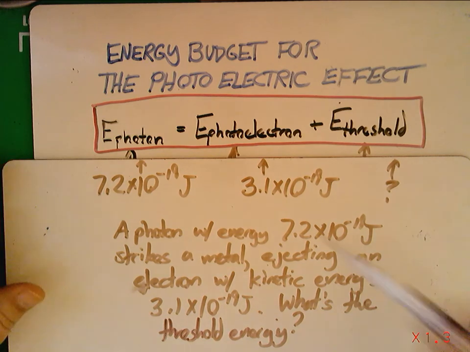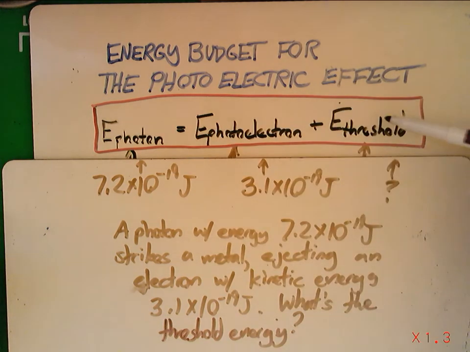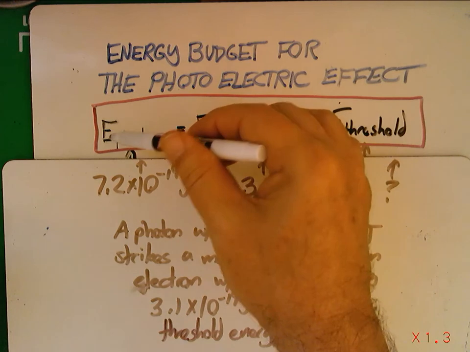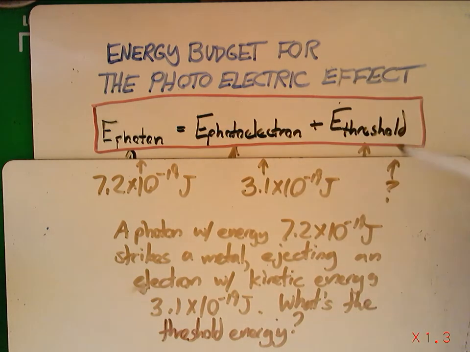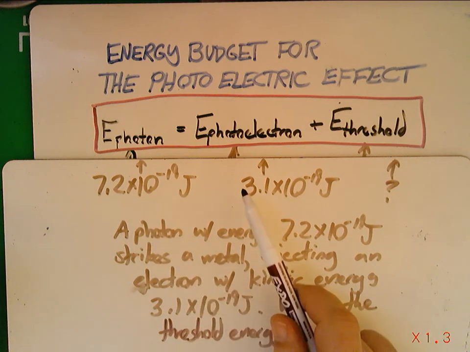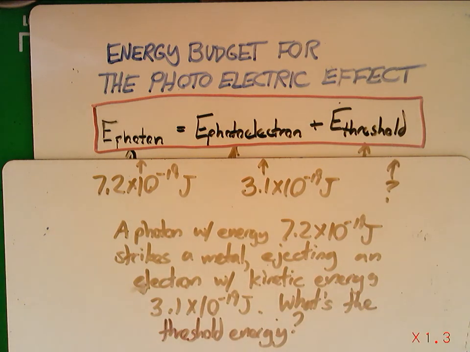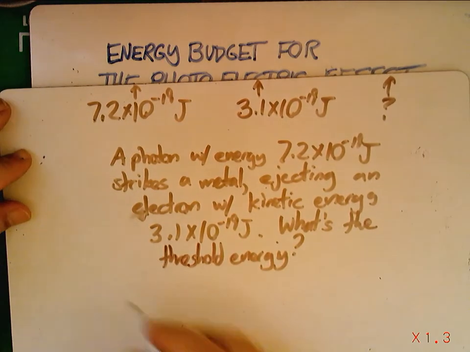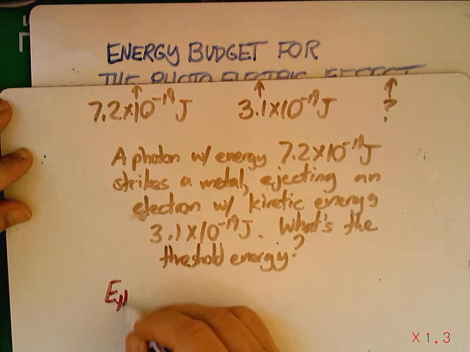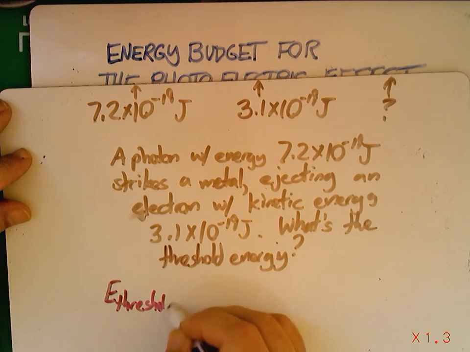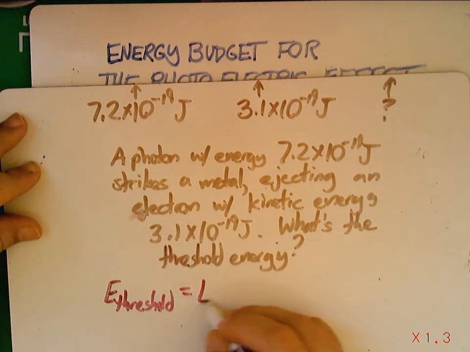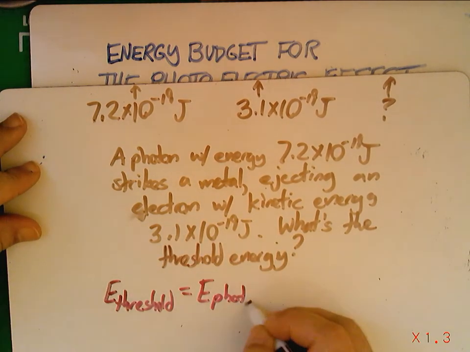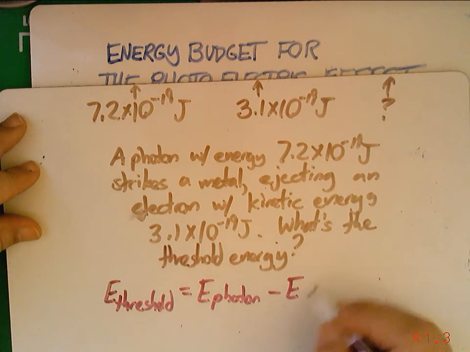And now I'm going to ask, what do I need to know? I don't know this. They give me this and they give me this. It's pretty simple, right? All you've got to do is take this minus this, and that will be the threshold energy. In other words, you solve the equation for the threshold energy. E threshold is equal to E photon minus E photoelectron.